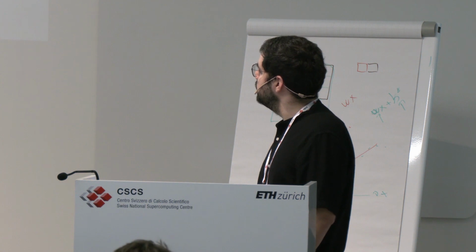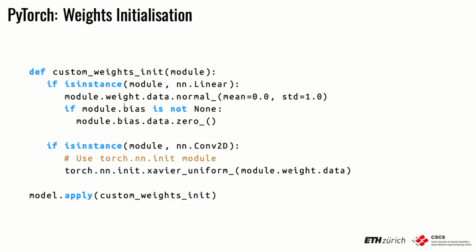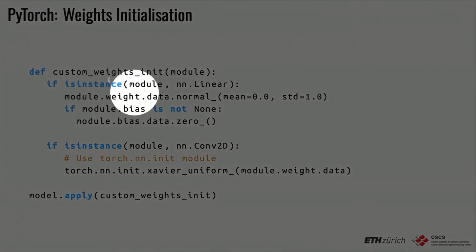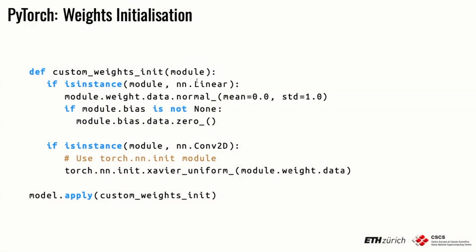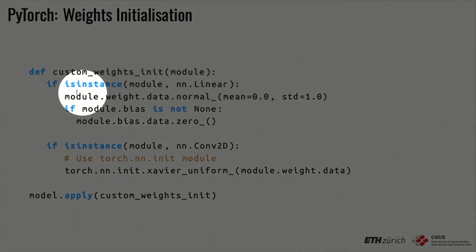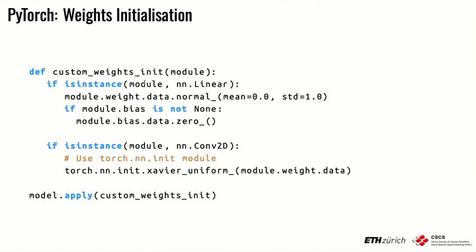And so how do you initialize the weights manually in PyTorch? Essentially, you need to define a custom weight initializing function. The name is completely arbitrary, but it takes your model or an nn module as input, and then you can look at what the module is with the Python isinstance function, for example, and do different initialization for different layers of your model.